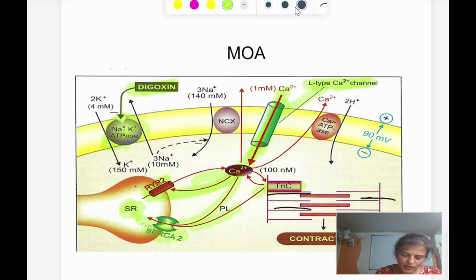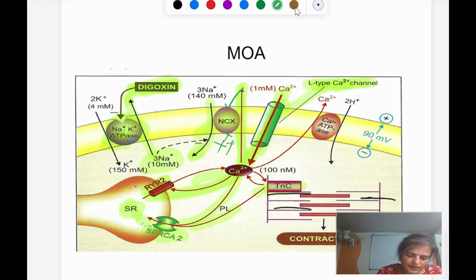Okay? Whatever amount has entered with the L type channel will normally be exchanged by the sodium calcium exchanger. Once this calcium moves outside and sodium moves inside, normally this sodium, whatever has entered with the sodium calcium exchanger, will move out and potassium will enter inside. Now because digoxin has inhibited the sodium potassium ATPase, the sodium ion is already high. So this sodium calcium exchanger will not work.